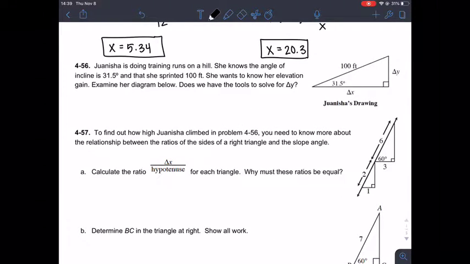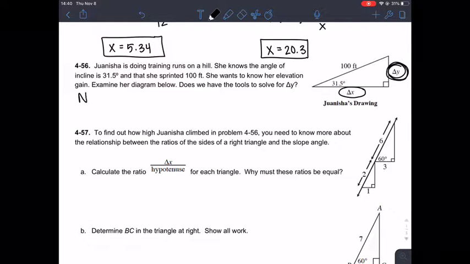Juanisha is doing training runs up a hill. She knows the angle of incline is 31.5 degrees and that she sprinted 100 feet. She wants to know her elevation. But do we have enough tools to find her elevation, the delta y right now, change in y? And the answer is no, because we do not know what the change in x is.